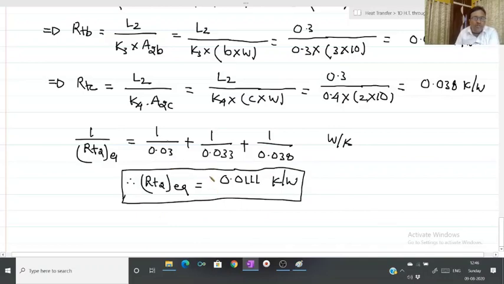Whatever value of 1 over 0.03 plus 1 over 0.033 plus 1 over 0.038 you get, that will be the value of 1 over RT2 equivalent, and the reciprocal of that value will give you RT2 equivalent, 0.011 Kelvin per watt. So please take care of this step.